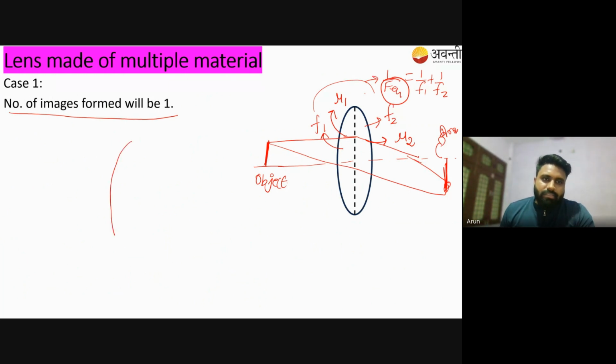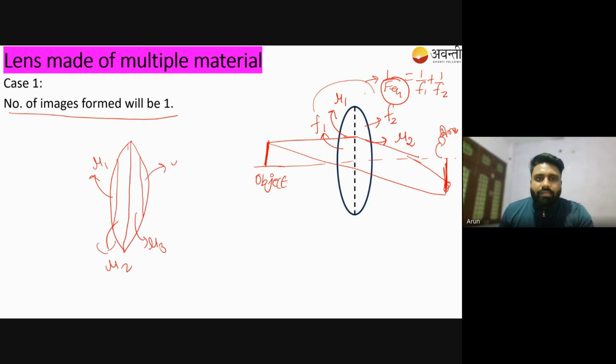If this is the convex lens and this part has material mu1, this part has material mu2, this part has material mu3, and this part has material mu4, then what is going to happen? If the principal axis is not changing, this combination will behave as a single lens and form only a single image.